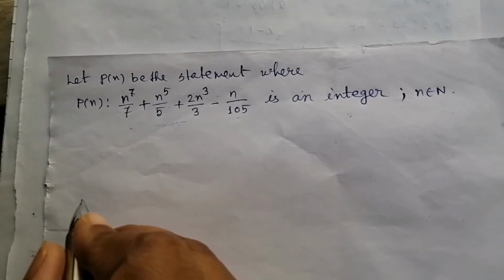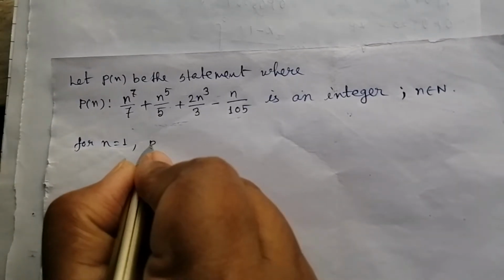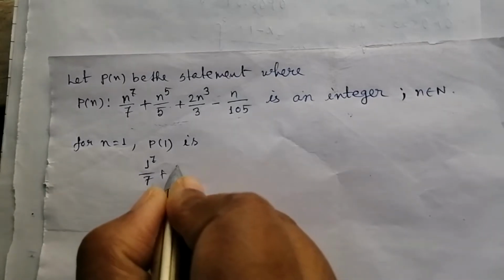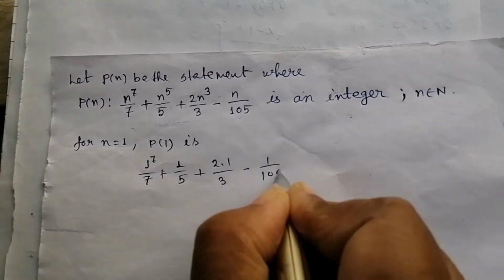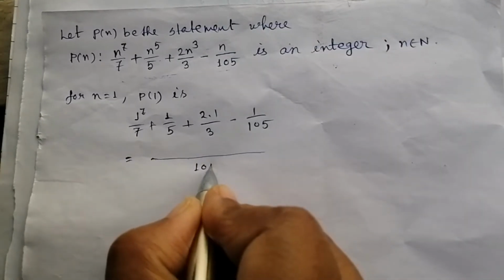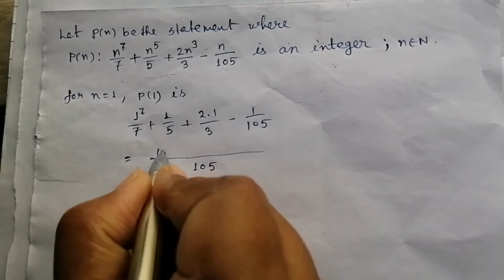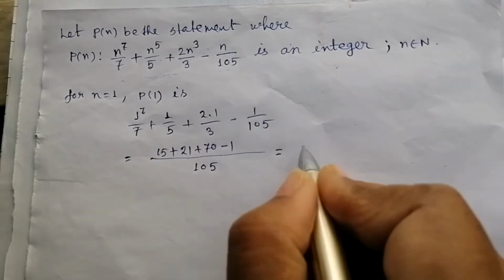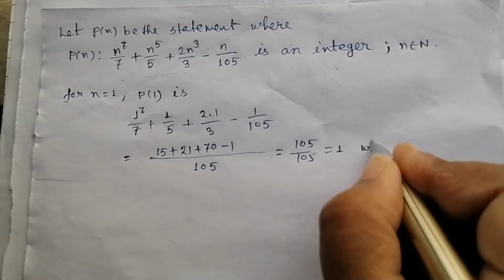Therefore, for n equal to 1, P1 is 1 to the power 7 by 7 plus 1 to the power 5 by 5 plus 2 into 1 to the power 3 by 3 minus 1 by 105, which is equal to, taking the LCM of the denominators as 105, (15 plus 21 plus 70 minus 1) by 105 equal to 105 by 105 equal to 1, which is an integer.